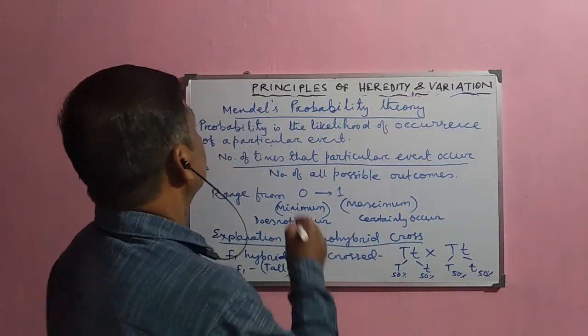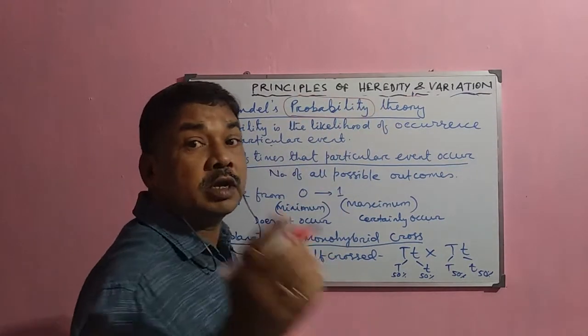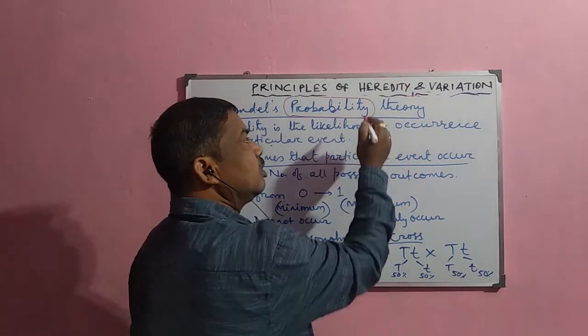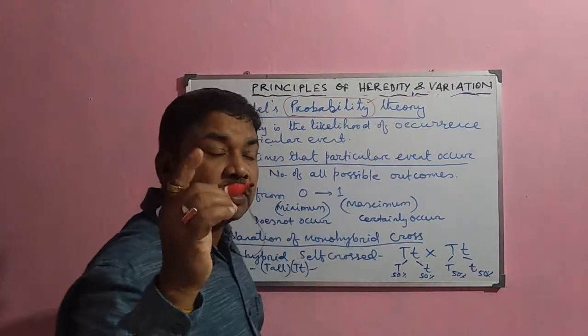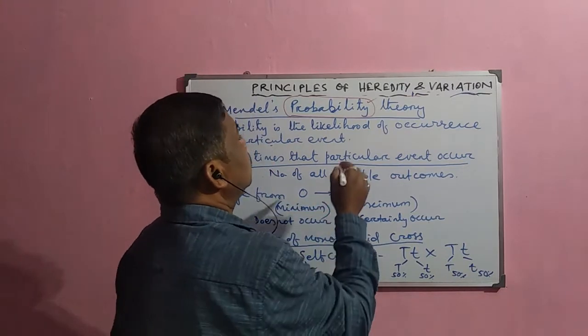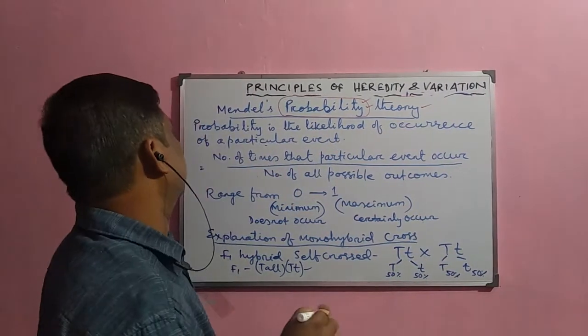Mendel used the probability theory, as we know that he was a mathematician as well. That is why he used his knowledge of mathematics to explain this biological experiment. Now, what is this probability theory he actually used in his experiment?